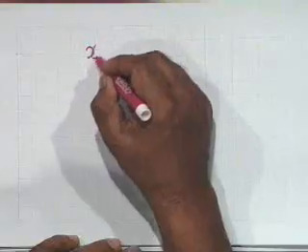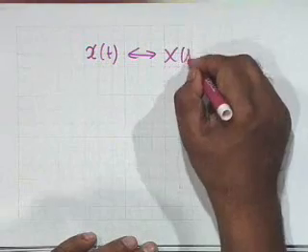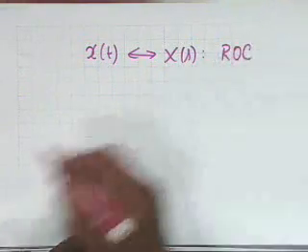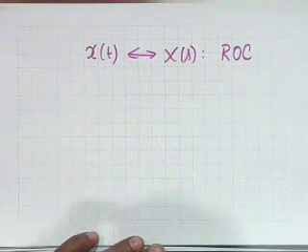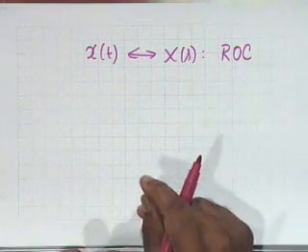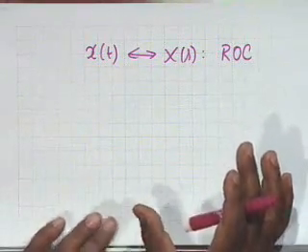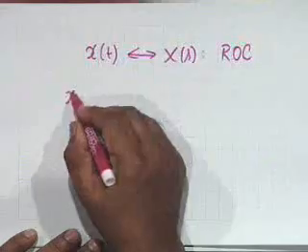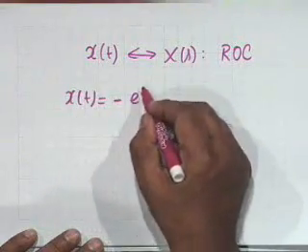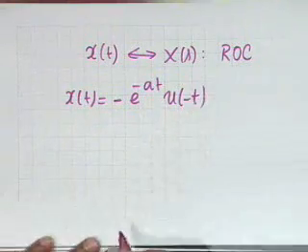Let us consider now another important aspect. I have said that if x of t has transform X of s, then X of s has to be specified along with its ROC, its region of convergence. We will now take an example in which X of s is the same for two different functions, but their ROCs are different. For example, let us take x of t as minus e to the minus at u of minus t.